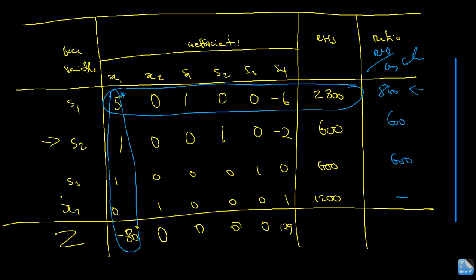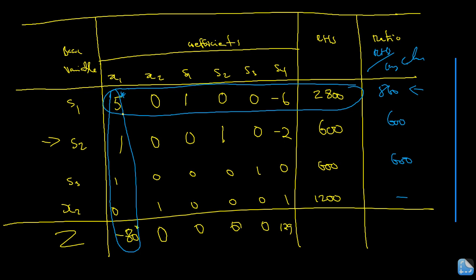Now this is a good one because we have a 5 as our key element. So what do we do now? Since we have a 5 as our key element, remember what I mentioned, our key element must always be a 1. So how do we make this key element become a 1? We must divide it by itself, and when you do that, you must divide all the other values except the ratio with the key element.